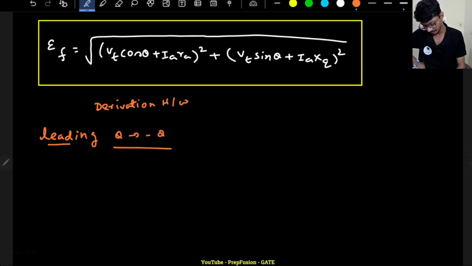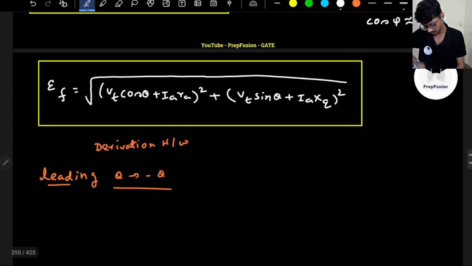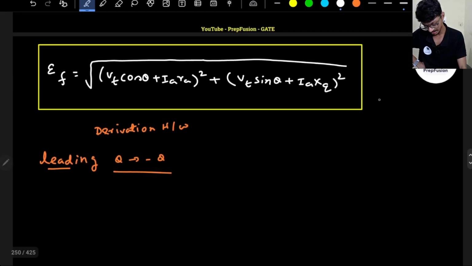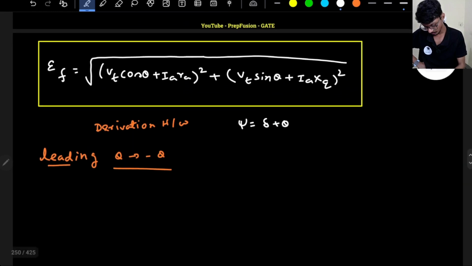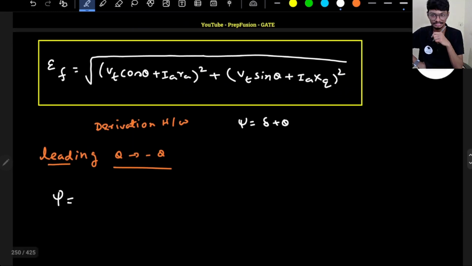If I replace theta with minus theta, here my xi was delta plus theta, and here my xi will be just the opposite.